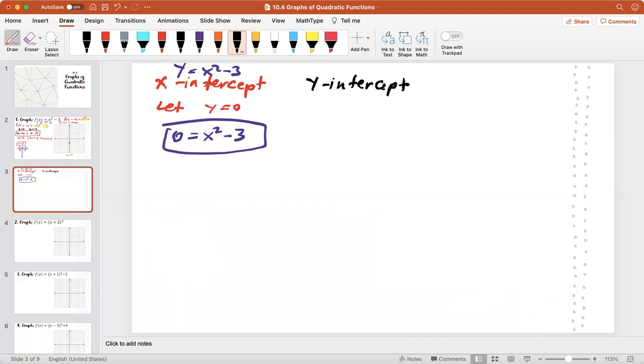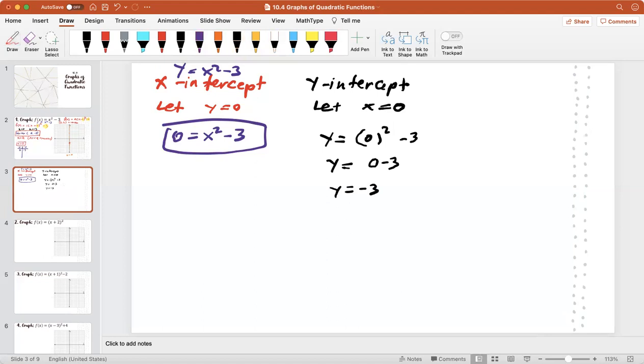In order to find your y-intercept, here we let x be 0. Remember that our equation here is y equals x squared minus 3. So we have y equals 0 squared minus 3. Therefore, y is equal to 0 minus 3, y is equal to negative 3.